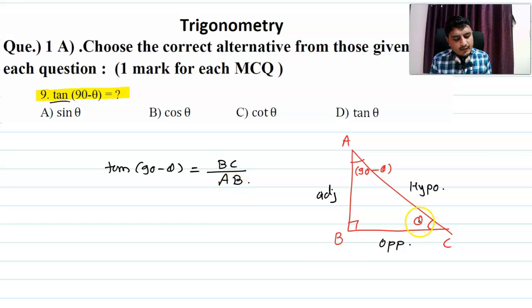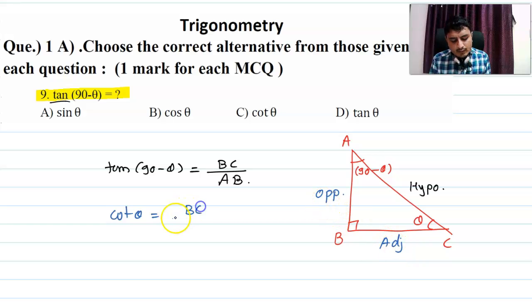Now with angle theta, name the 3 sides of the given triangle ABC. With respect to theta, the opposite side is AB and the adjacent side is BC. Evaluating the cotangent of theta, the basic formula for the cot ratio is adjacent side upon opposite side.